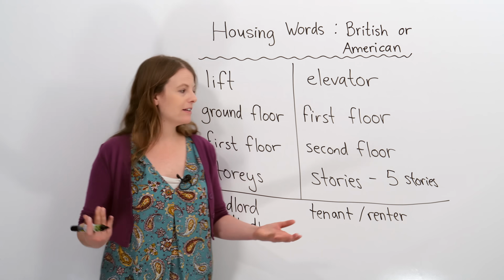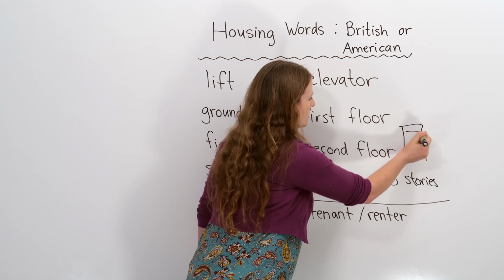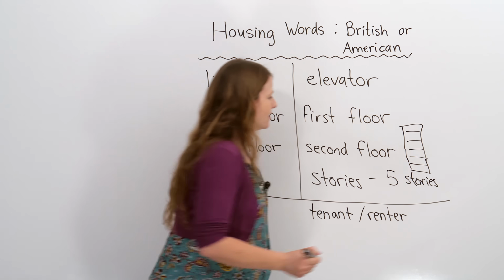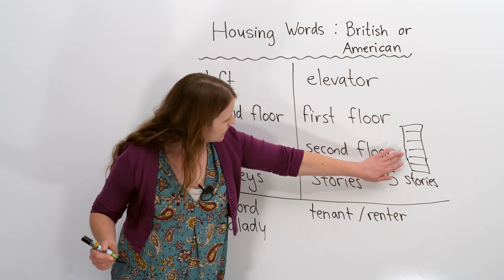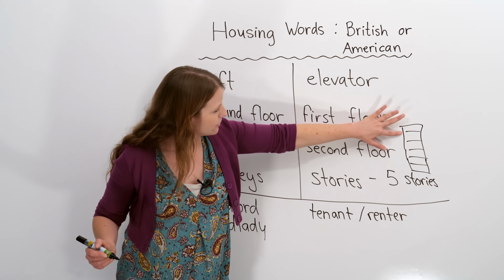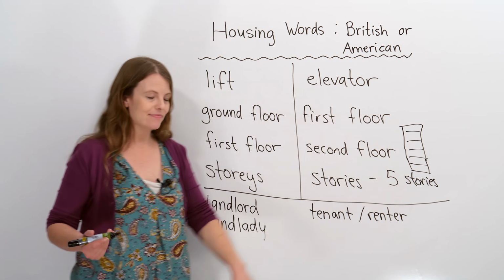For example, if I draw this apartment building, I think this one has 1 story, 2 story, 3 stories, 4 stories, 5 stories, 6 stories. So this building has 6 stories.